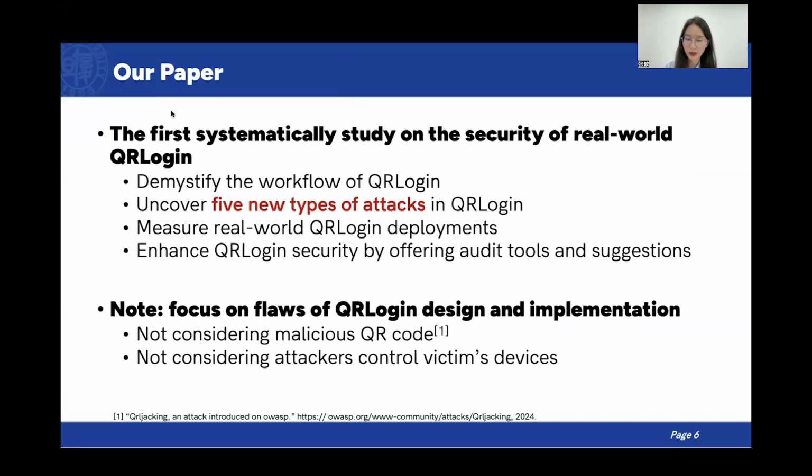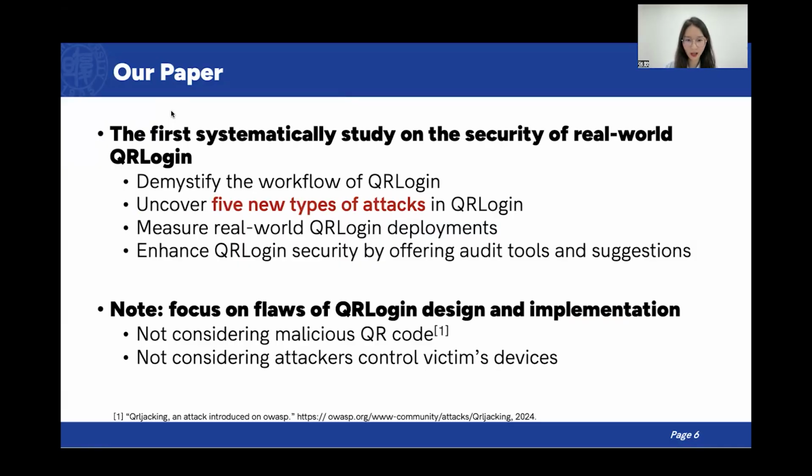In this paper, we conduct the first systematic study of QR login security in the real world. We start by analyzing how QR login is actually implemented. Based on that, we discover 5 new types of attacks in QR login. To see how serious the problem is in the real world, we build tools to test real websites at scale.